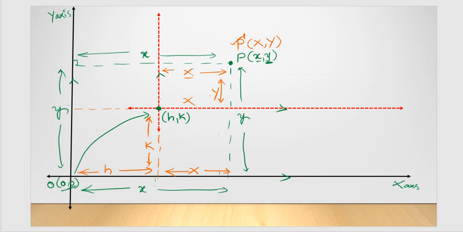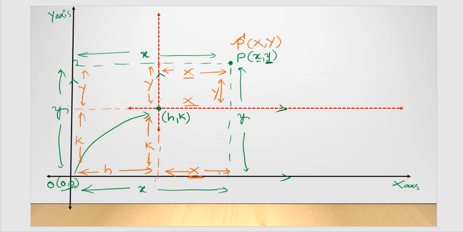That means they form rectangles, so their lengths will be equal. So if this is capital X, then this will be capital X automatically. The same way, if this is capital Y, then this length is also capital Y, and this length is k.